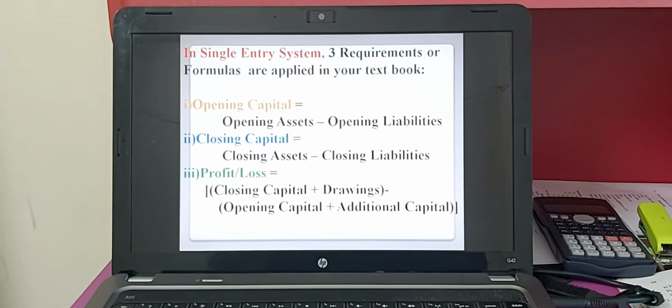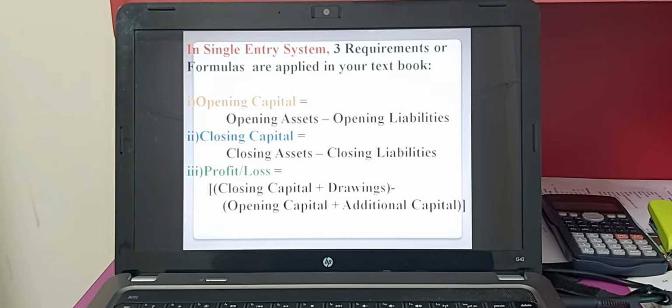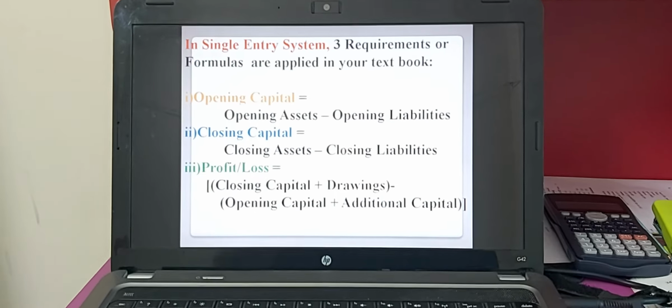From this information, you have to solve the following questions.